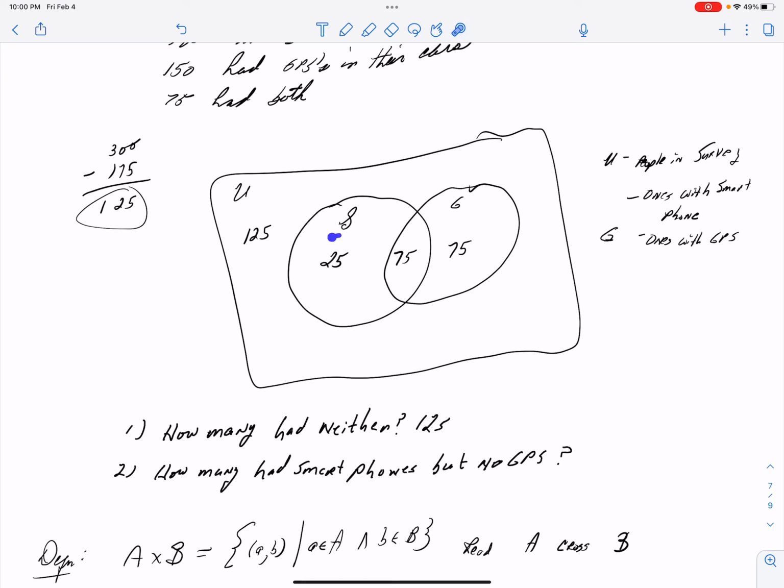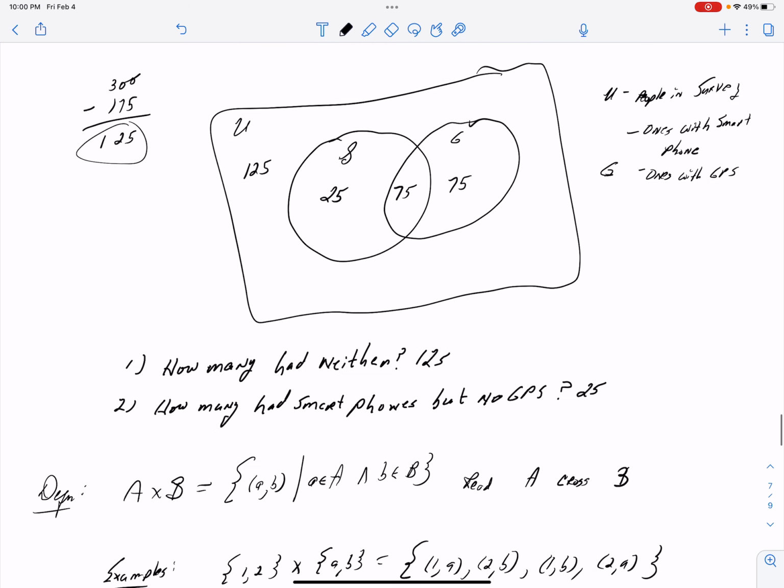Well, the answer would be this set, right? Smartphones but no GPS. So the answer is 25. You see, any question you want to ask, I would be able to answer just by this arbitrary Venn diagram.